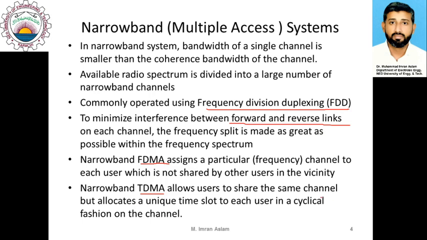On the other hand, narrowband TDMA systems allow users to share the common frequency channel, but allocate different time slots to each user in a cyclic fashion, so that each user gets a turn to transmit the signal onto that common channel.